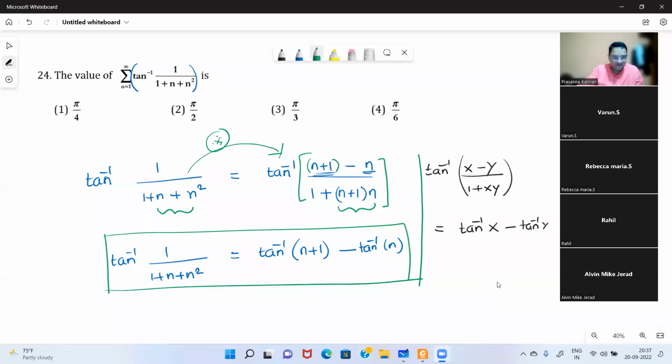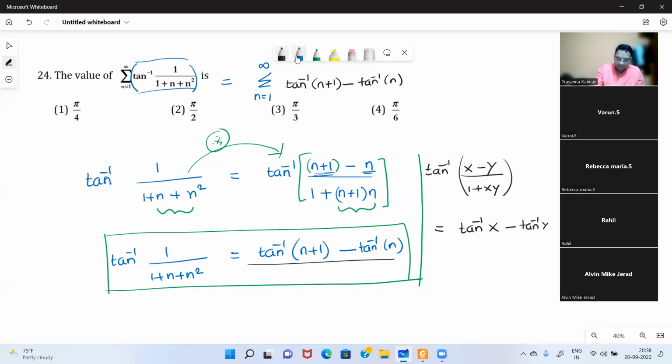Okay. Now let's proceed to the next step. This I can write as sigma n equal to 1 to infinity of tan inverse of n plus 1 minus tan inverse of n. Correct?